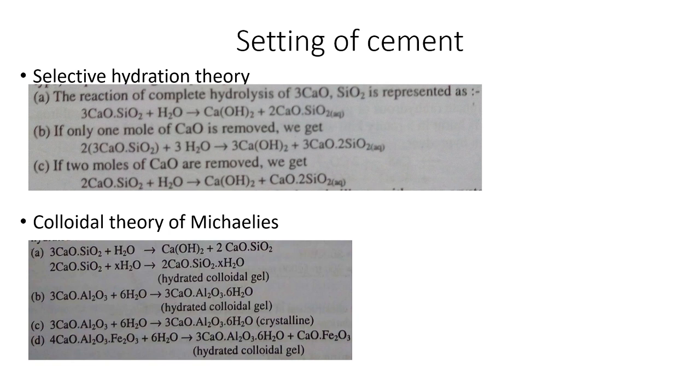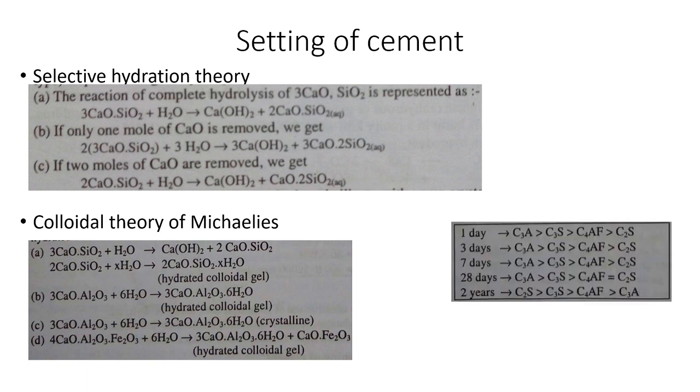Depending on this, the contribution of each compound to the strength of the hard material that is formed is given in this table. On the first day, what are the responsible components, and slowly up to 2 years, how does it change. In this way, by these two theories, the setting of cement is explained.